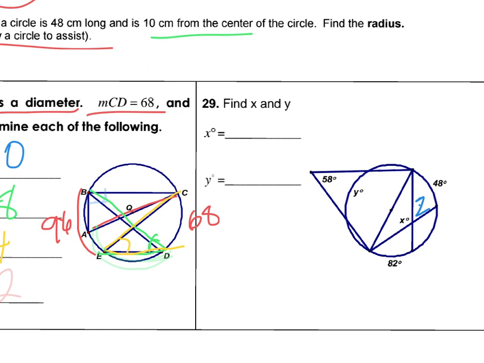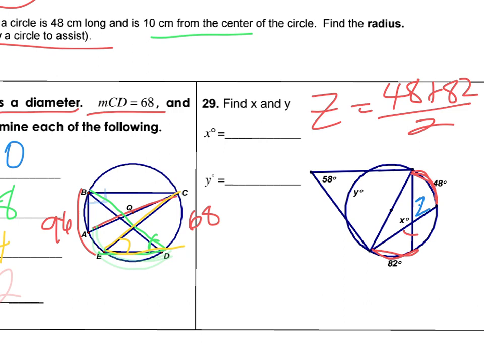But if I look here, I have the arc 48, and z is vertical to this angle, and the 82. So I'm going to use that to get to my x. Since it's an interior angle, the measure of my angle z would be the 48 plus the 82, divided by 2. If I find that angle, it will make it a whole lot easier to find my x and then get to my y. So that's basically my little note that I gave you for that.